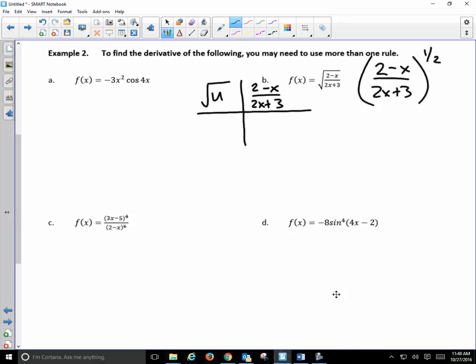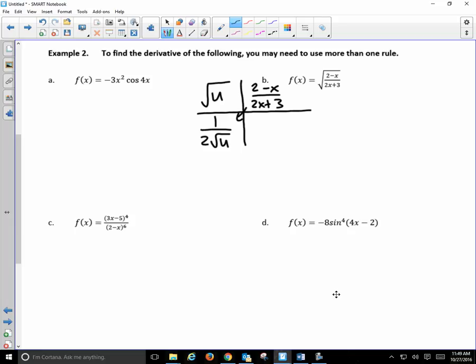You could write it to the 1/2. Now that I have that, I use the chain rule and I take the derivative. What is the derivative of a square root of u, or u to the 1/2? It ends up being 1 over 2 roots of u. That's something you have to get used to. So 1/2 u to the negative 1/2, or 1 over 2 roots of u.